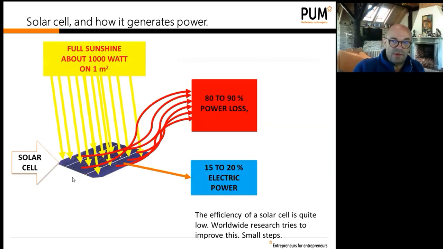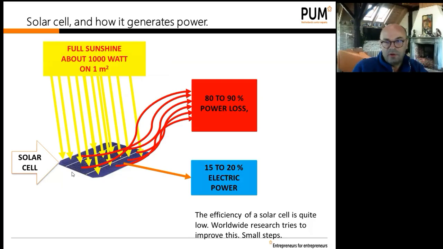Okay, next sheet. So what happens in a solar cell? You have about 1000 watts per square meter, I told you already, and the solar cell is catching that. And you have to realize that 80 to 90% is lost.